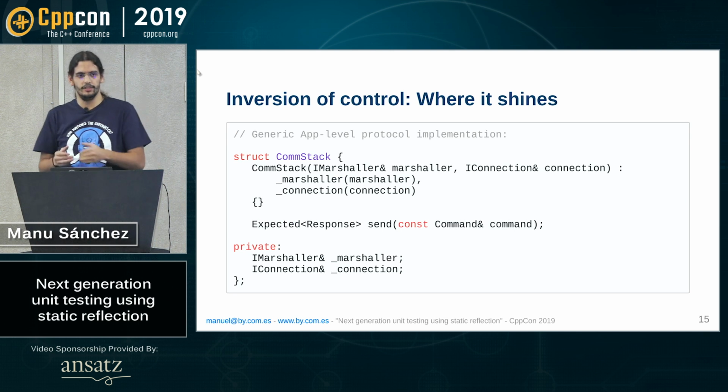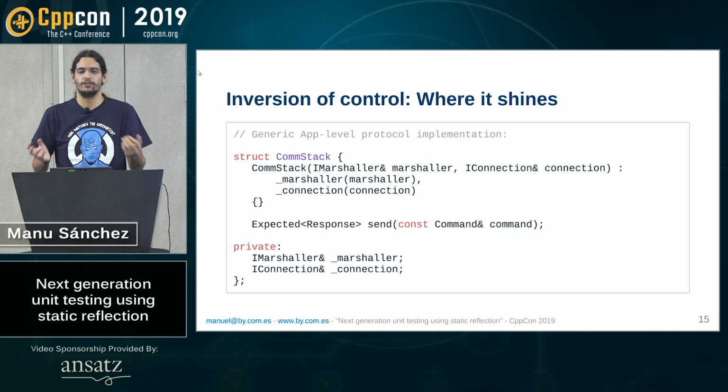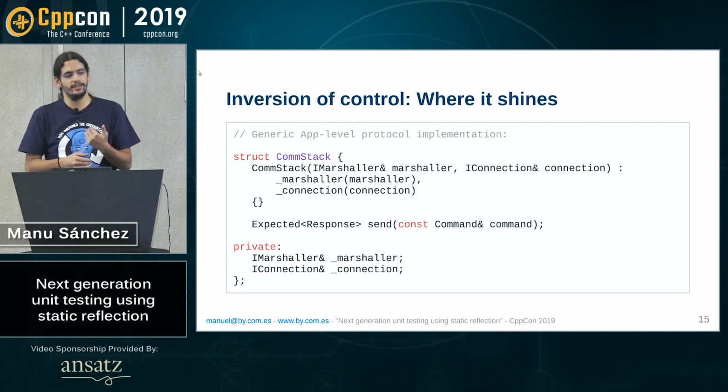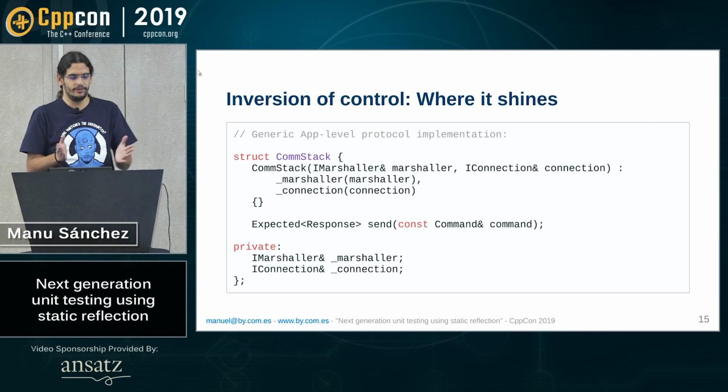So if your CTO or your boss comes one day and says we have to change the protocol and stop using TCP and use WebSockets or whatever, you have to change the actual implementation of the communication protocol of the application. These are not pluggable in any way.